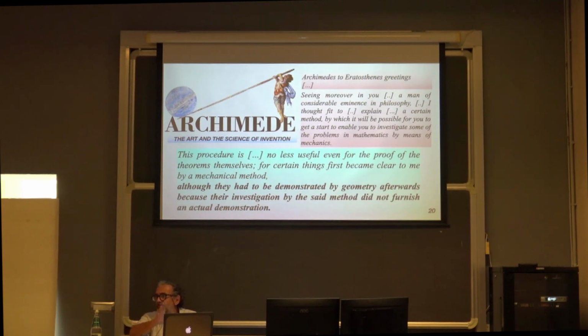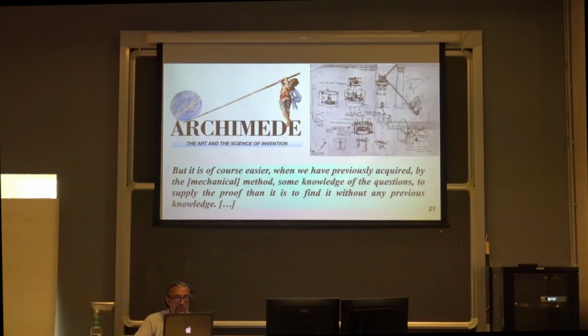French Baroquism in Greek. Okay? This procedure is no less useful even for the proof of the theorems themselves. For certain things first became clear to me by a mechanical method, although they had to be demonstrated by geometry afterwards, because their investigation by the said method did not furnish an actual demonstration.